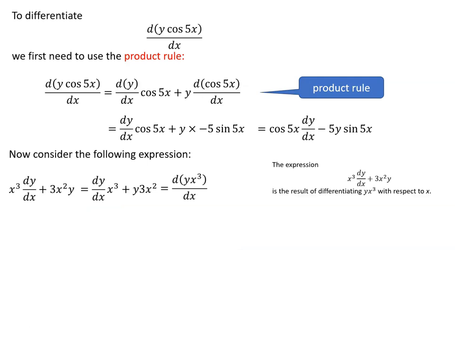And we can say that the expression x cubed dy by dx plus 3x squared y is the result of differentiating y x cubed with respect to x. And we say that x cubed dy by dx plus 3x squared y is an exact derivative.